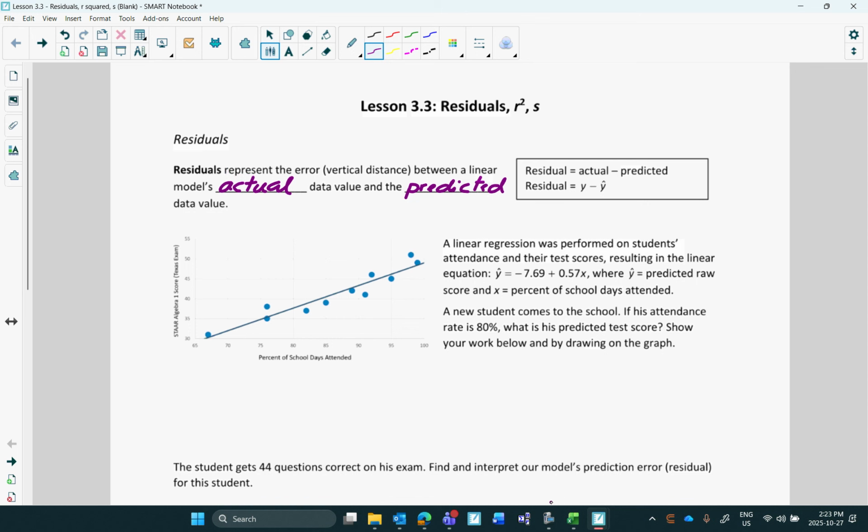The residual is the actual minus the predicted. The actual is y, the predicted is y hat. So we subtract those two. If it's positive, that means the actual value is greater than that predicted by the least squares regression line. If it's negative, the actual value is lower than that predicted by the line.